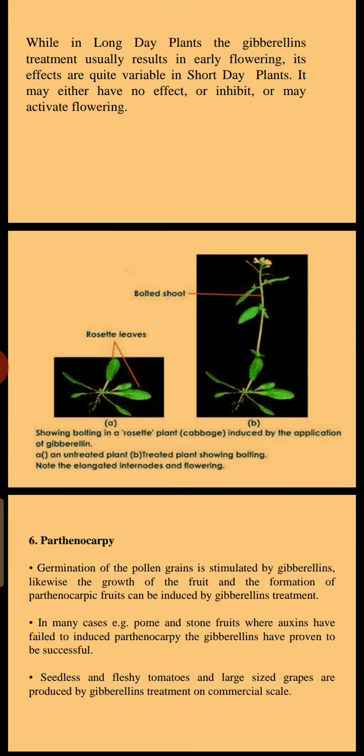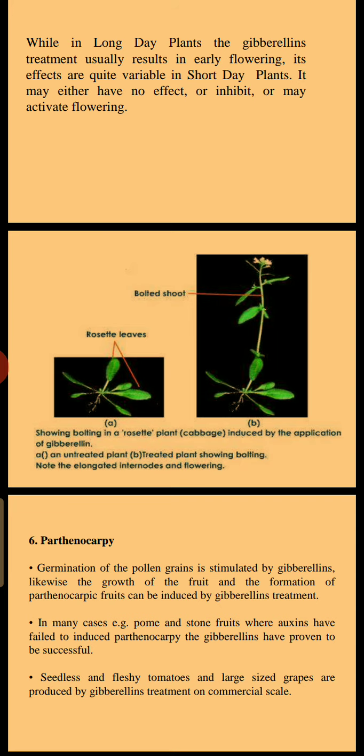And de novo synthesis of alpha amylase, this is again related to the germination of seed. Alpha amylase is produced because of gibberellic acid, by de novo synthesis in the aleurone layer surrounding the endosperm of cereals during germination.